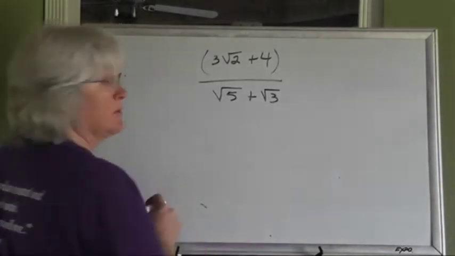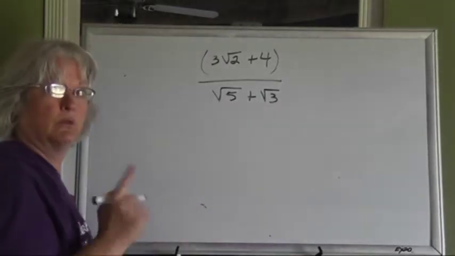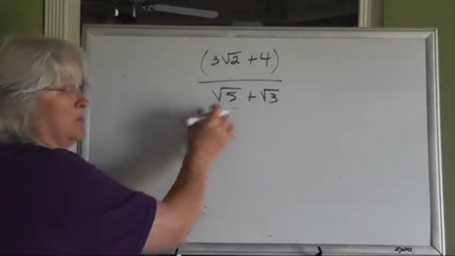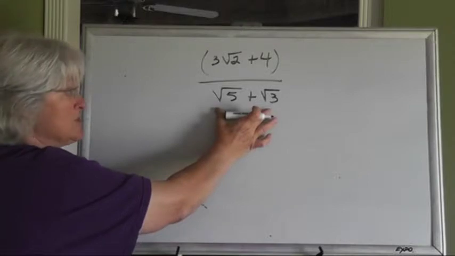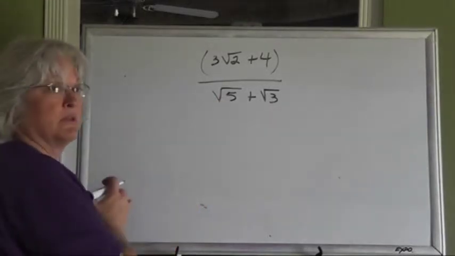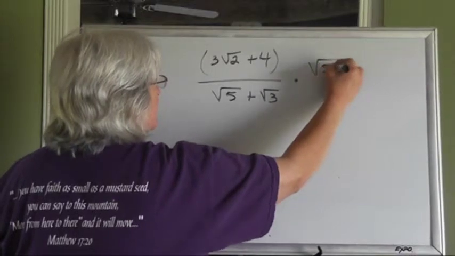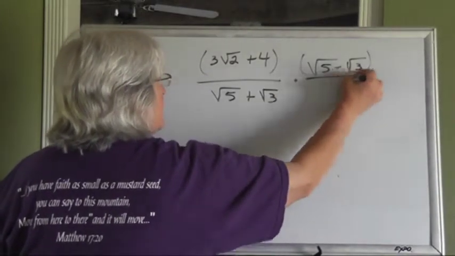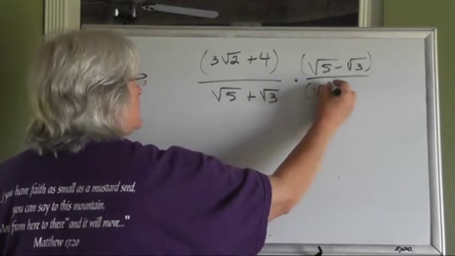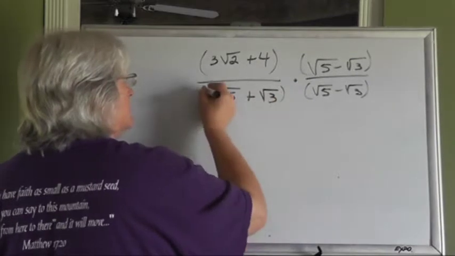What's the conjugate going to be here? Since we have more than one term in the bottom, we're going to have to multiply by the conjugate. The conjugate is this radical expression itself with the sign changed. Square root of 5 minus the square root of 3 divided by square root of 5 minus the square root of 3.